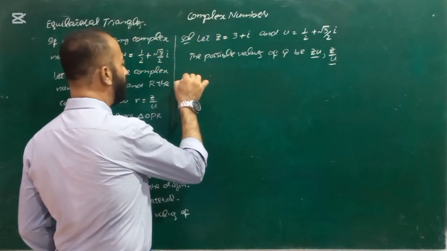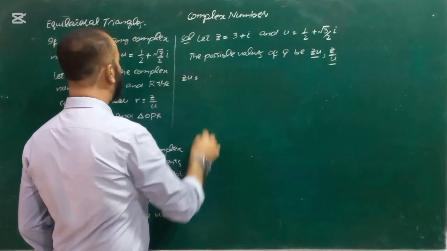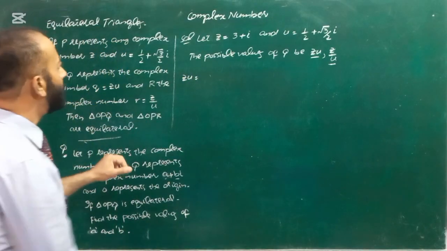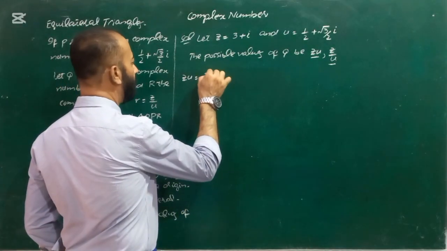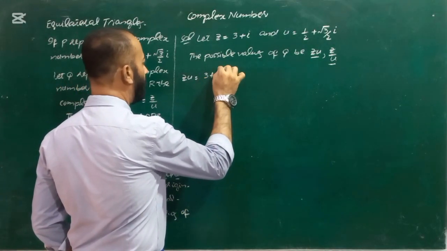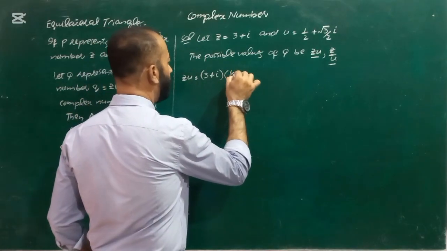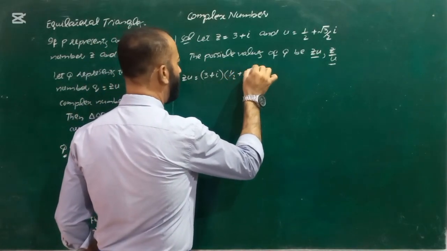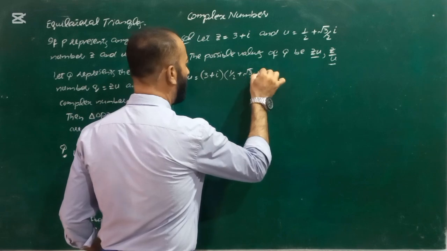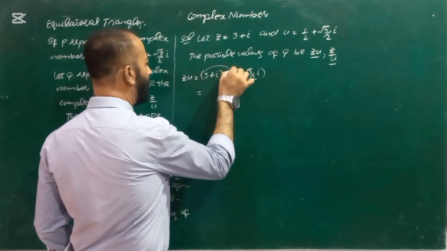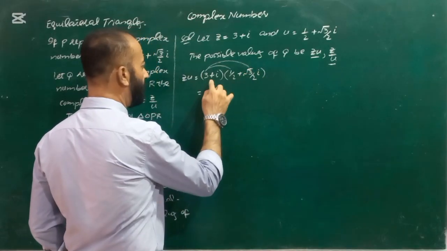So ZU, Z is, here is Z, 3 plus iota, and U is 1 by 2 plus square root 3 by 2 iota. So multiply these values now. So this vector will be multiplied by this one.